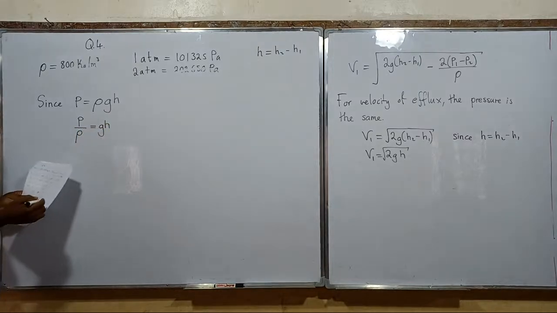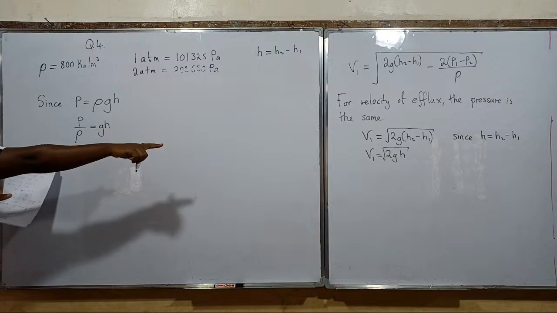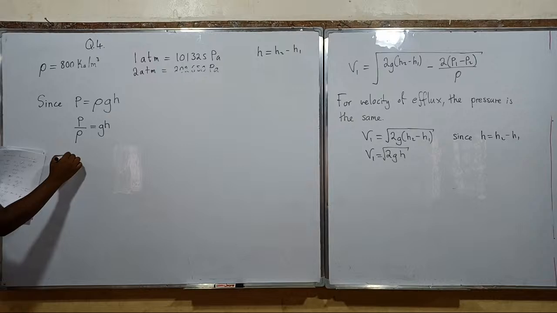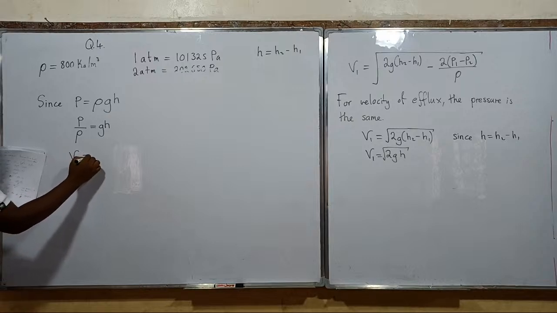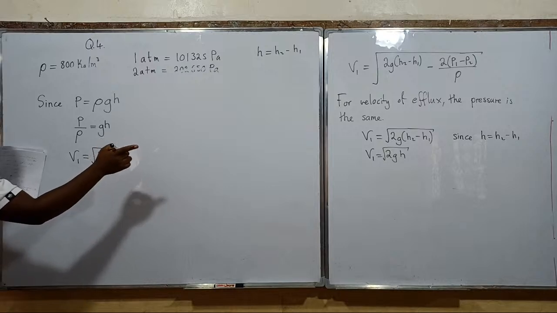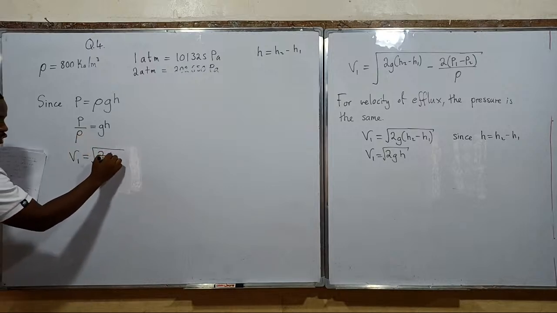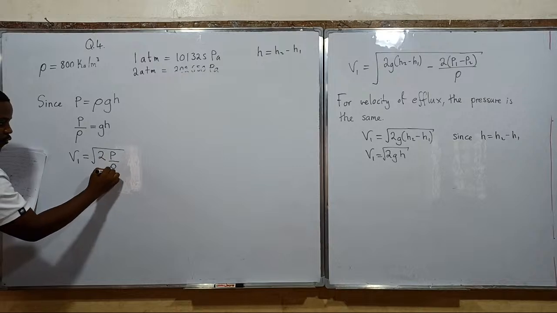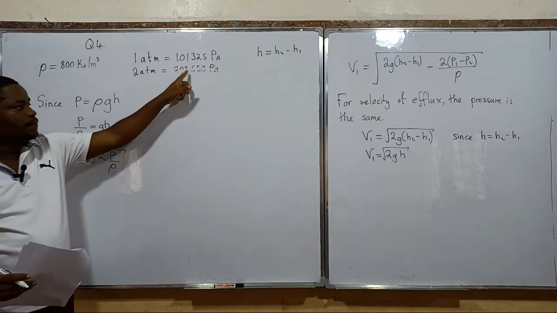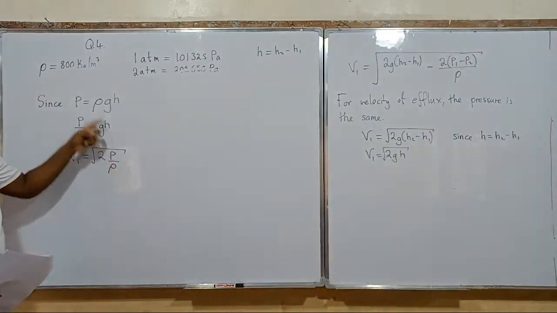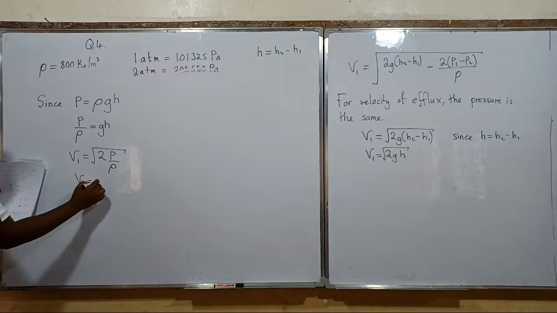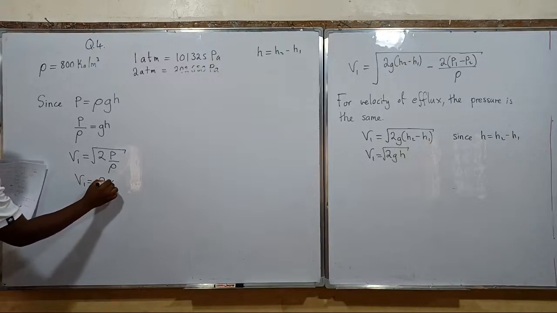Is that okay? So that gH that we have in that formula, we can now substitute with the pressure over rho. So that we say velocity is equal to the square root of 2, where there's gH, we replace it with the pressure over rho. That's it. Pressure we have. Rho we have. Now we can find what we're looking for. So velocity will be equal to 2 times the pressure.